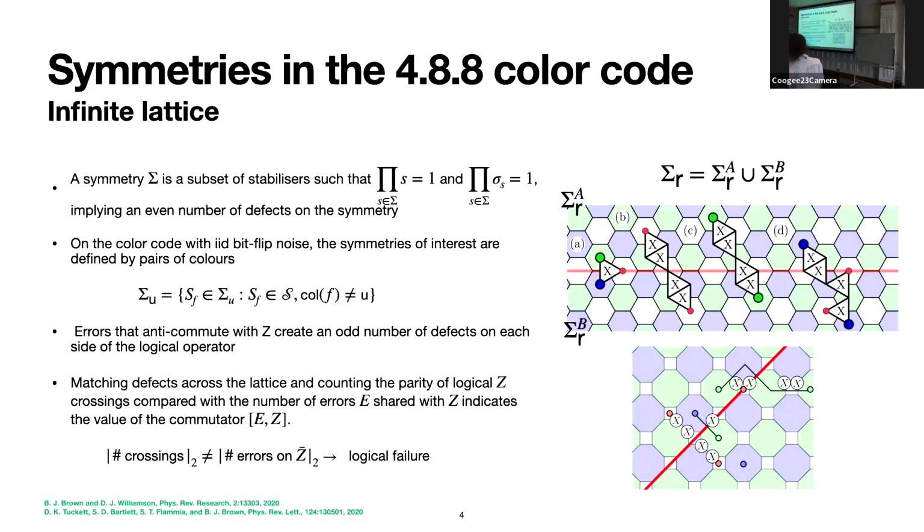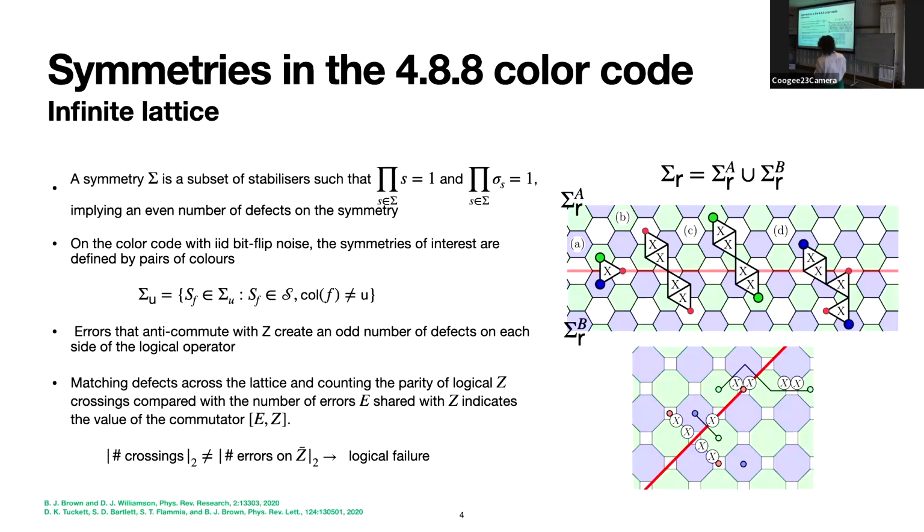The symmetries we're interested in correspond to stabilizers that have support on plaquettes of pairs of colors of the code. Here I show a red symmetry. This is taken from Kavya's paper with Ben, actually, and this is something equivalent for our code.